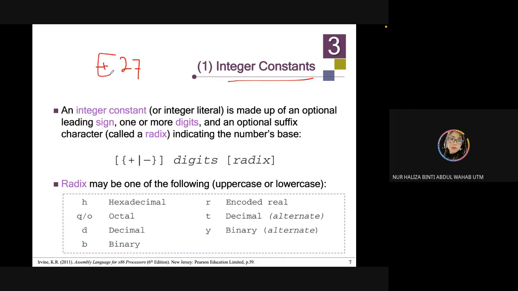Normally we ignore the positive sign, because we know 27 is a positive number, but for an integer constant, you need to put whether it is positive or negative. And this 27 is our digit.